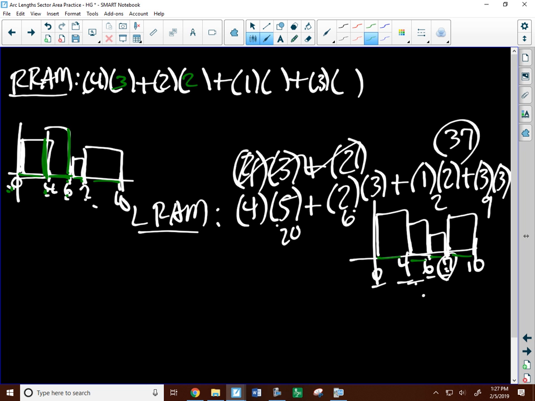From 6 to 7, the base is still 1, but the right height at 7 is 3. And then the right height at 10 is 5 on the last one. Alright. So we put them in: 12, 4, 3, and 15. 16 and 18, so we got 34.